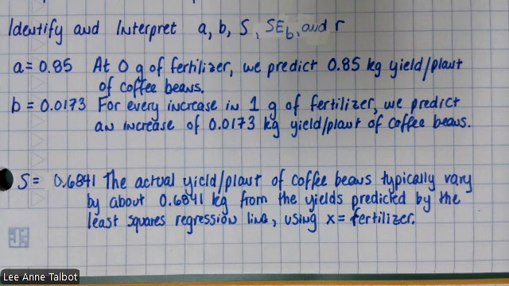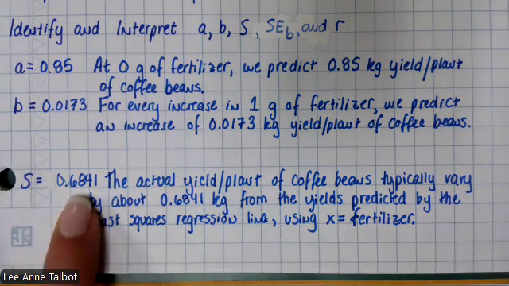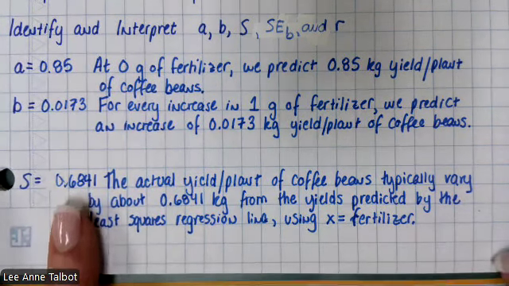So the actual is the dot on the scatter plot. And it's saying typically we are that far away from the regression line, so that's the length of the residual, if you're using fertilizer as your explanatory variable. Do you guys remember how we drew in all the residuals? If I averaged the length of those, it would be 0.6841.